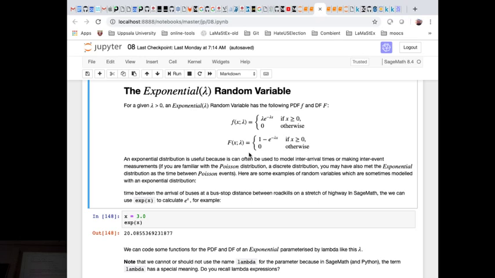So lambda e to the minus lambda x. Right, so if lambda is big, it goes higher. And then because everything has to integrate to 1, it'll be more spiky. And the expectation of this random variable is actually 1 over lambda. Right, so that's some intuition.